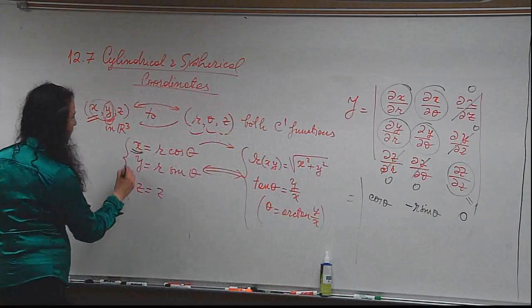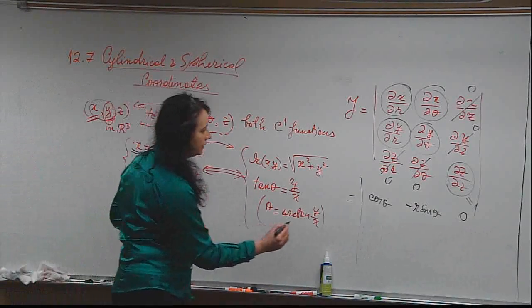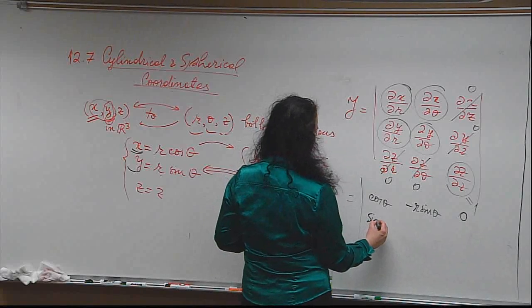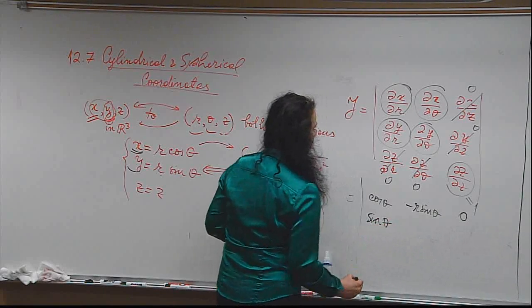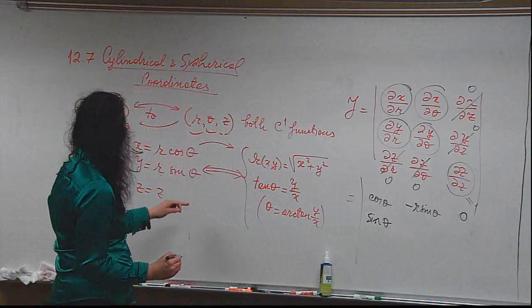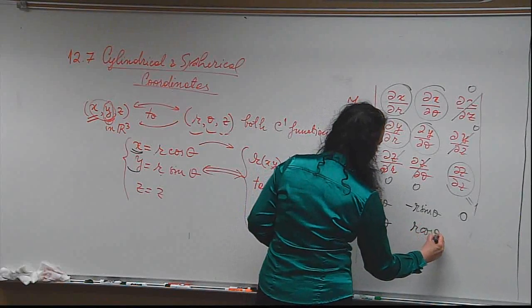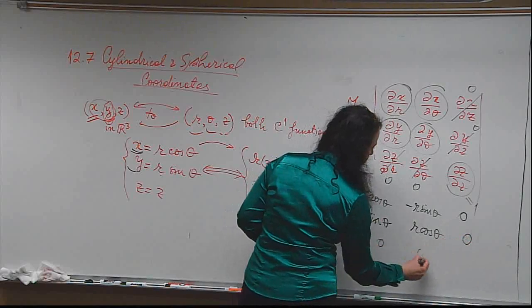Here you get y with respect to r will be sine theta. And y with respect to theta will be r cosine theta. And again 0, 0, 0, and 1.